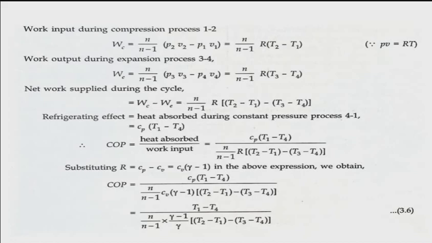This is about the polytropic process, that is why n is coming. As you know, PV raised to n is equal to a constant, where n represents the polytropic process.